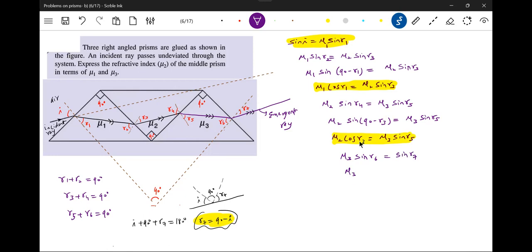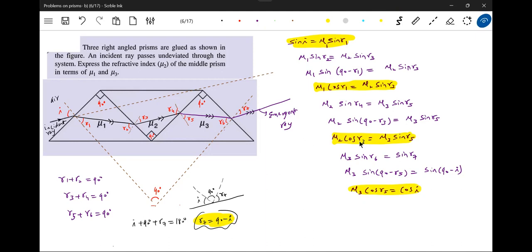So R6 I can write as 90 minus R5, R7 I'll write as 90 minus I. So mu3 cos R5 should be equal to cos I. Now all these angles should get eliminated so that I get only the mu.